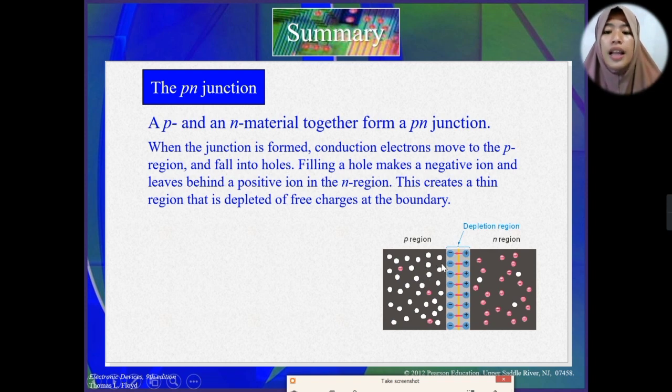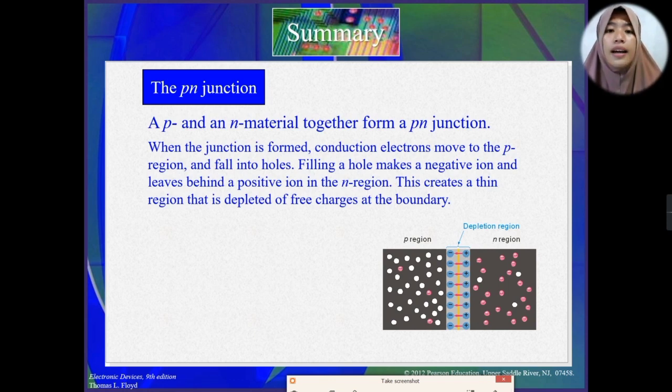As the holes and the electrons combine near or across the junction, we create a negatively charged layer near this junction.